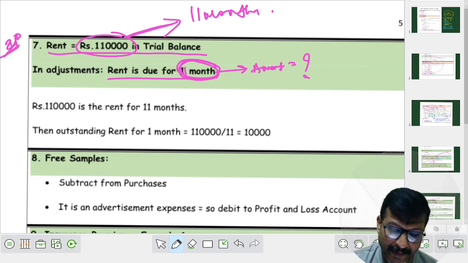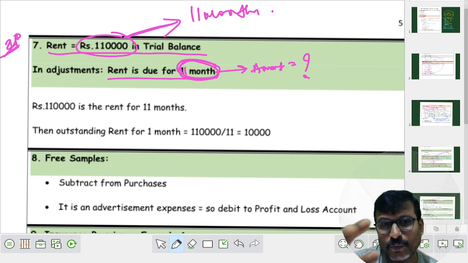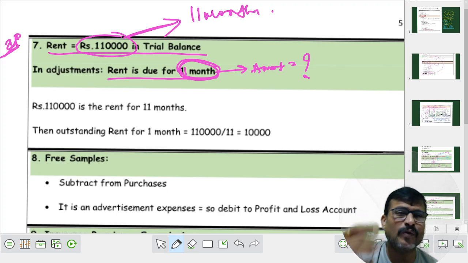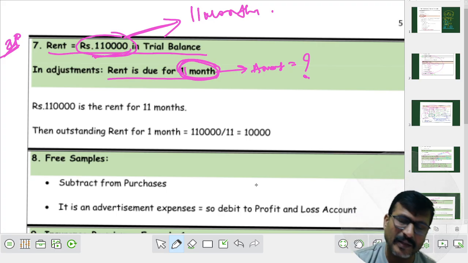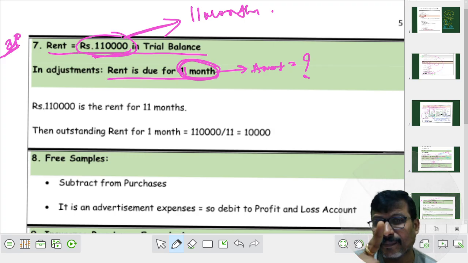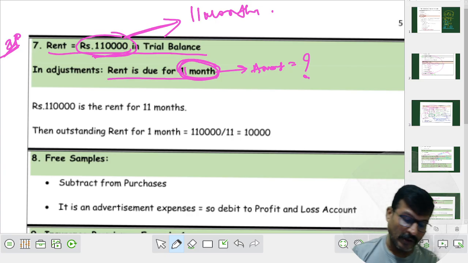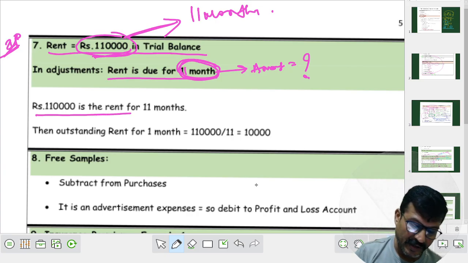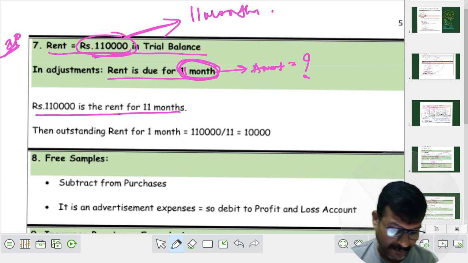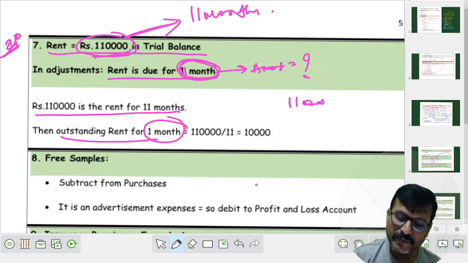If they mentioned 3 months outstanding, 3 months due, then we have to say that 1,10,000 is the rent of 9 months, because in one year there are 12 months. Now how to do the answer? So 1,10,000 is the rent of how many months? 11 months. Then outstanding rent for 1 month is what? Take 1,10,000.